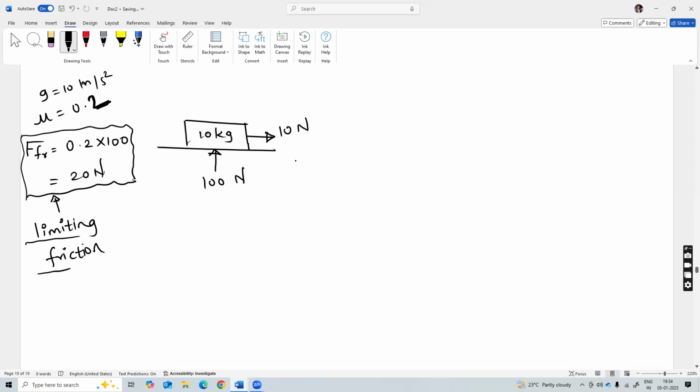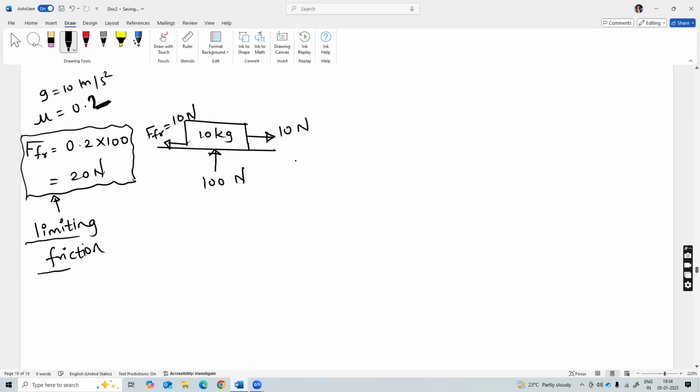But since in this case we have applied a force of 10 Newton, this 10 Newton is not enough to break the friction. Therefore this body will not move, and the frictional force in this case will also be equal to 10 Newton. Equal and opposite, that is from Newton's law. So basically 10 Newton you are applying, but since it is not crossing the limiting friction, the minimum force required is 20 Newton.